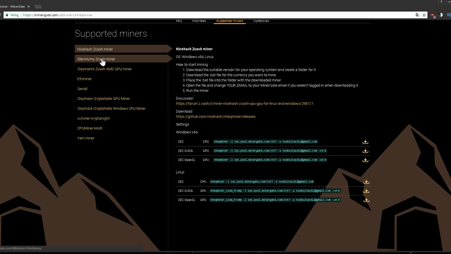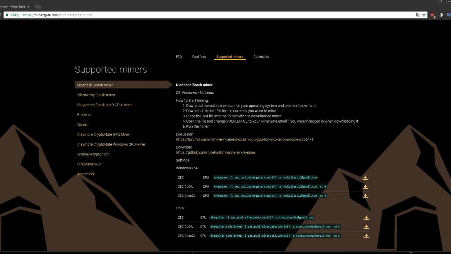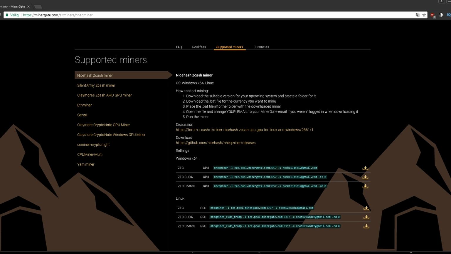For instance, you have XMR Rig, you have CC Miner for NVIDIA. You don't see those here. So sometimes it helps to just Google and find the latest version. But here is the general way to start those console miners, with links to the discussion and the link where to download it.